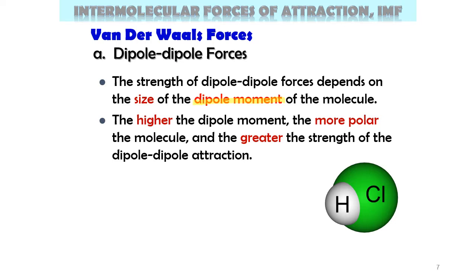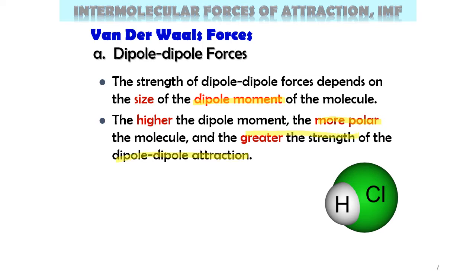Okay, so refresh back. For topic 4.2, you already learned about the dipole moment and the polarity, and for dipole moment, actually you have a certain specific value. The higher the dipole moment means the more polar the molecule is, therefore the greater the strength of the dipole-dipole attraction.